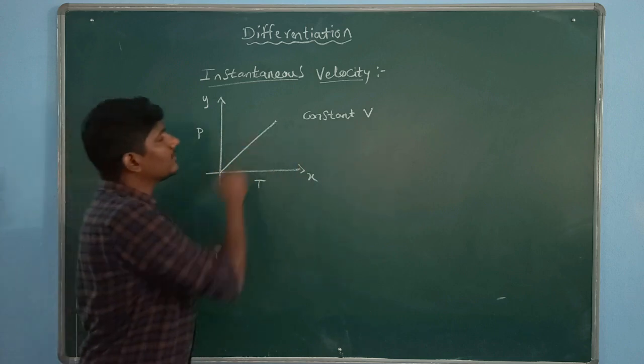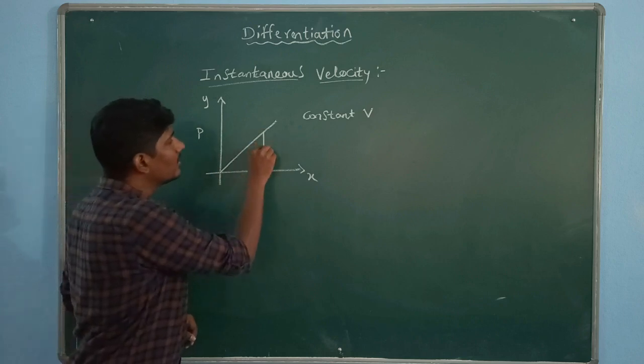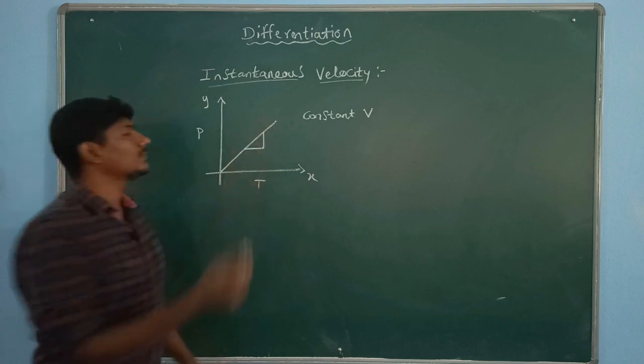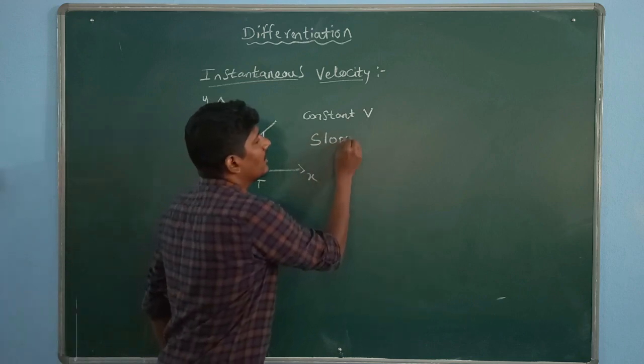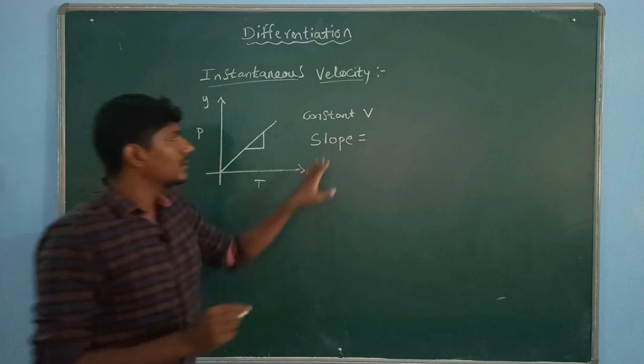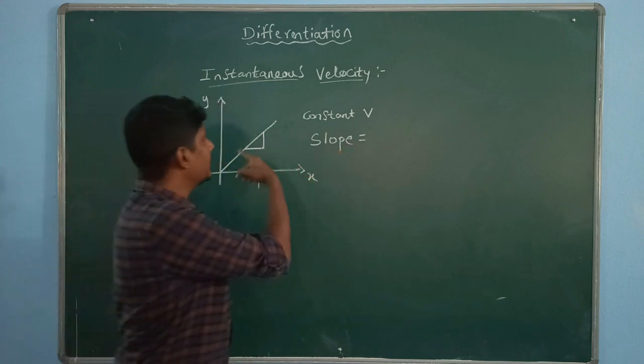Now how to find that velocity using the position-time graph? As we know, simply you need to get the slope. Because these points are well known for us, I will not explain everything here.